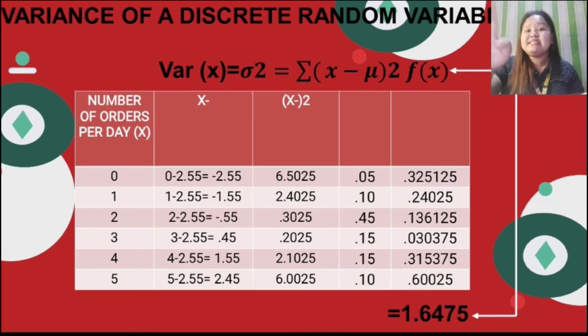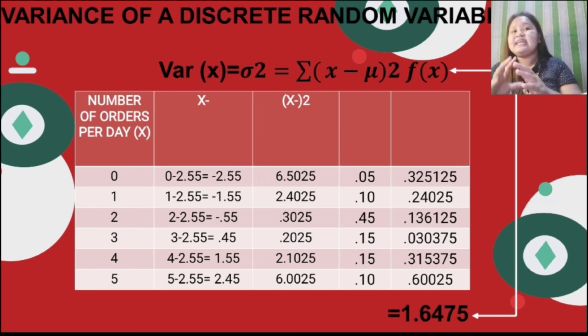As you can see here in the second column, we have x minus mu, and in the third column, x minus mu squared.